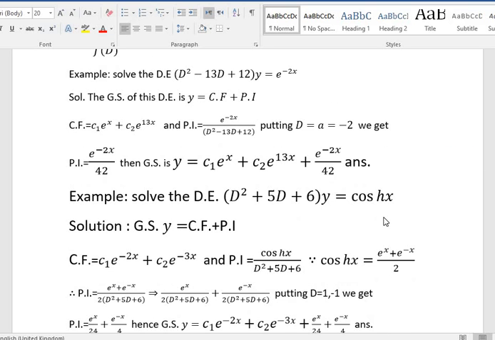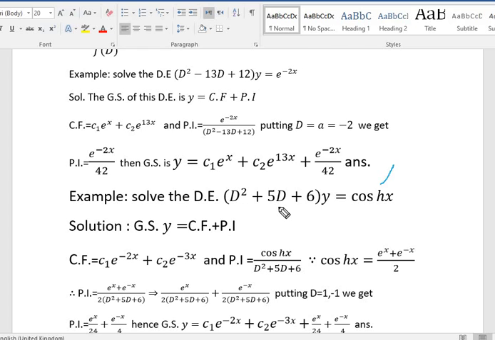Another example: suppose it is not given directly as e power x or e power minus x. Solve the differential equation d squared plus 5d plus 6 into y equal to cosine hyperbolic x. This is called a hyperbolic term. So what do you have to do? Nothing, my dear student.